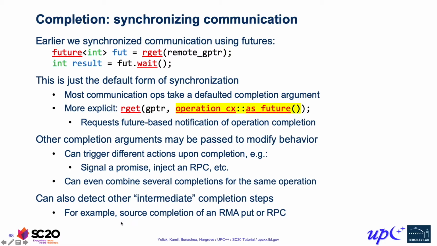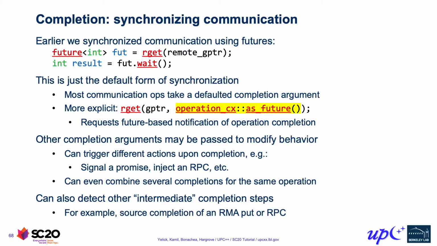For instance, if we do a put of some source data over to some target destination, there's some point in time at which the data has been injected into the network and we can reuse our source buffer. We refer to that as source completion. Operation completion refers to the entire transfer having been completed, and that's the default notification.